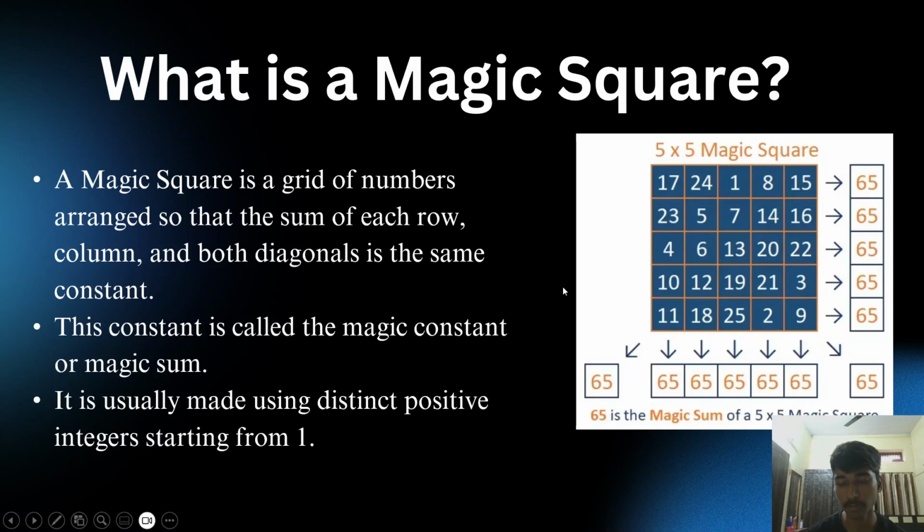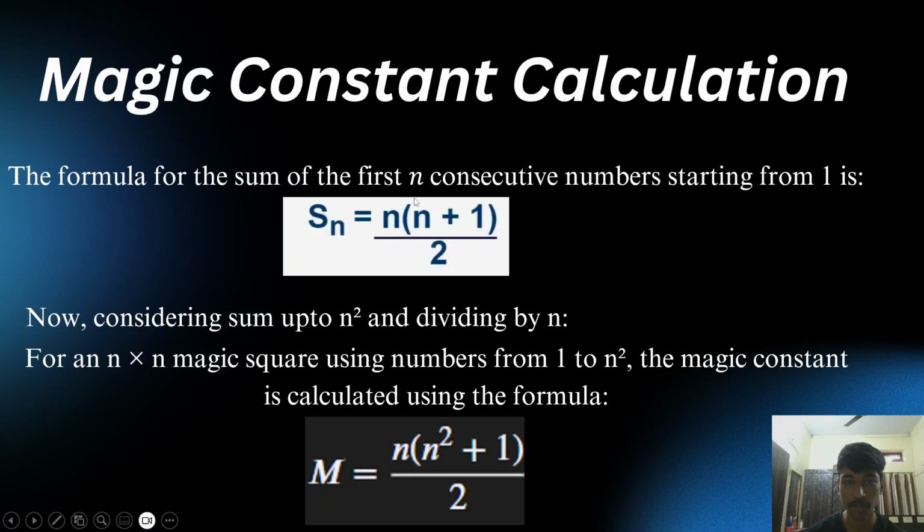Now I will tell how to calculate this magic sum. As we know, it has numbers 1 to 25. So we first calculate the sum from 1 to 25 and divide it by 5, as it's a 5 cross 5 matrix. The sum of the first n consecutive numbers starting from 1 is n times n plus 1 by 2.